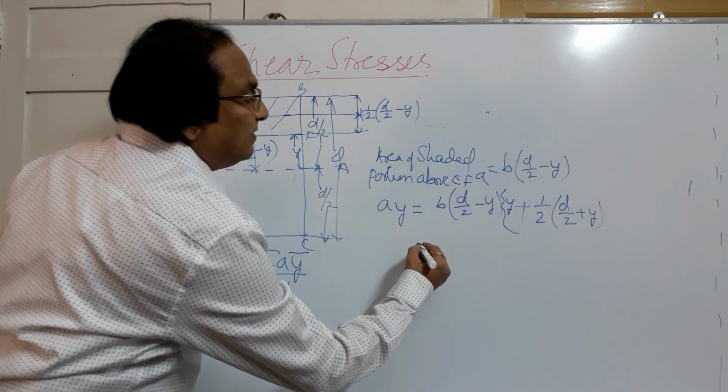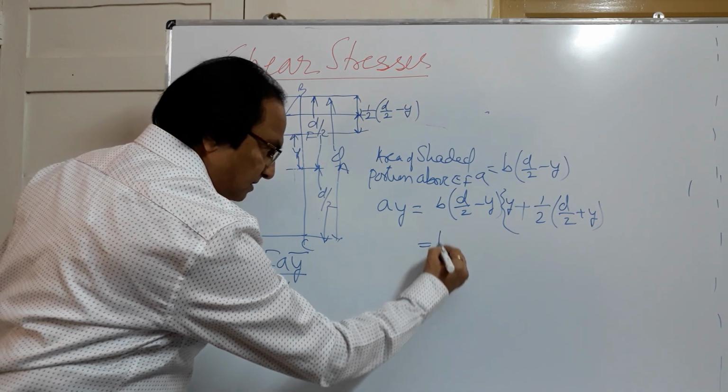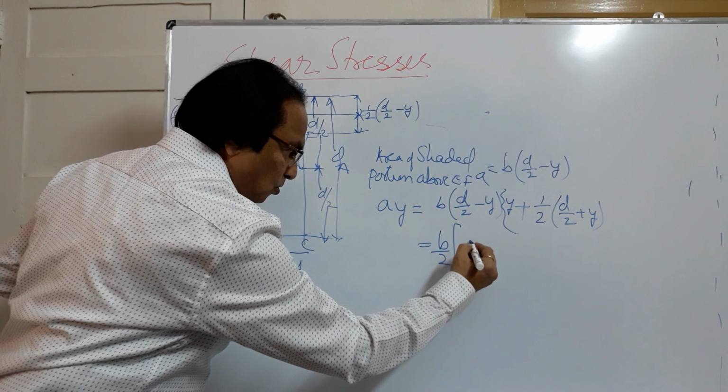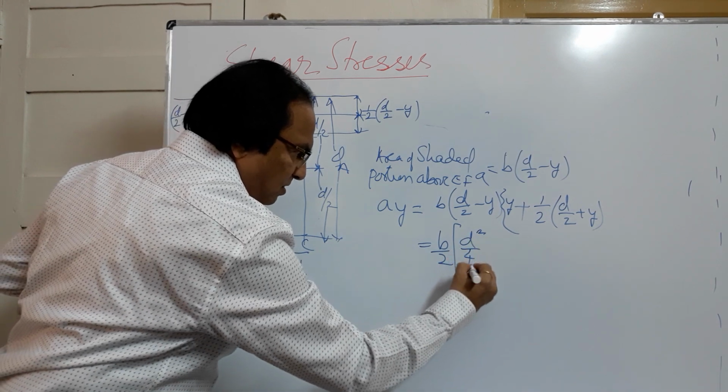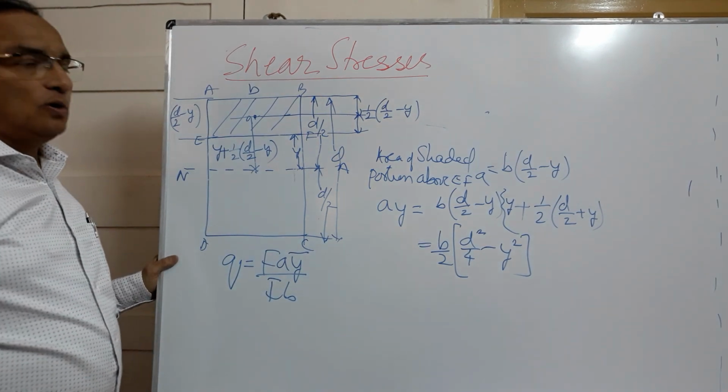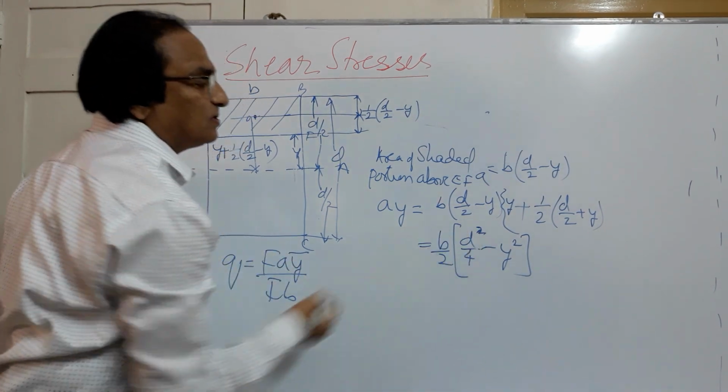So if I simplify this, we get B by 2 into D squared by 4 minus y squared.